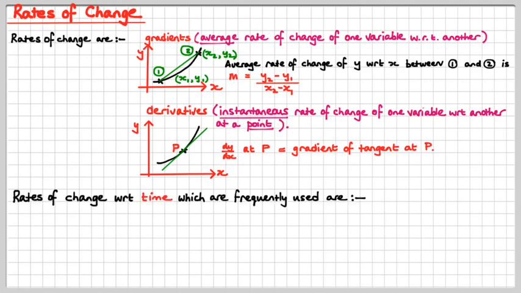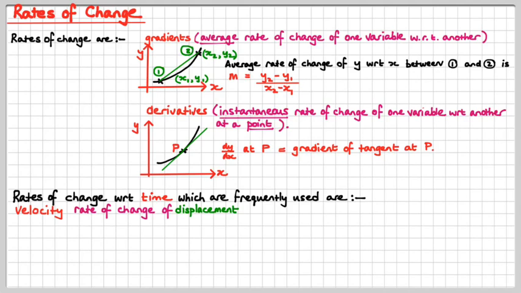Now, rates of change with respect to time. You haven't got x here, you've got t, and frequently used is velocity, which is the rate of change of displacement with time.